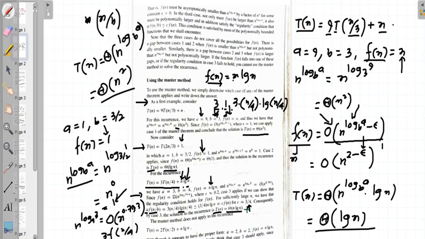What is this Fn? Fn is n log n, so it will be theta n log n, right? So this is how we are solving recurrences using the master method.